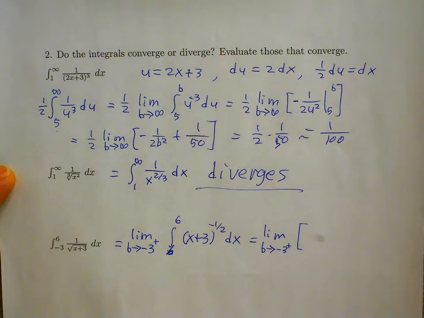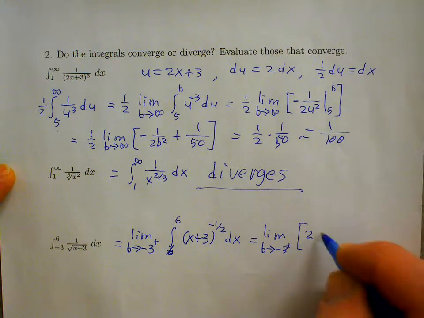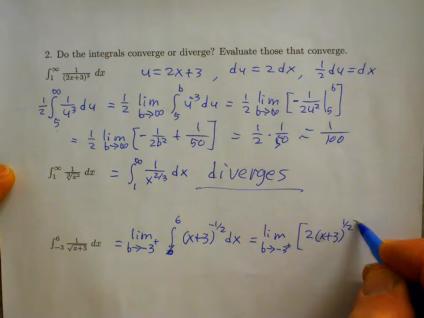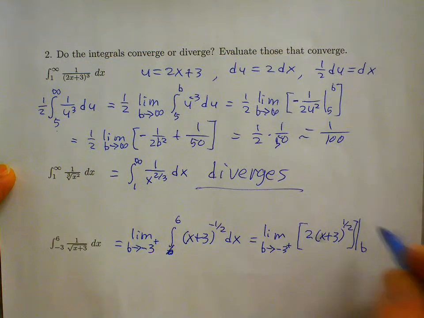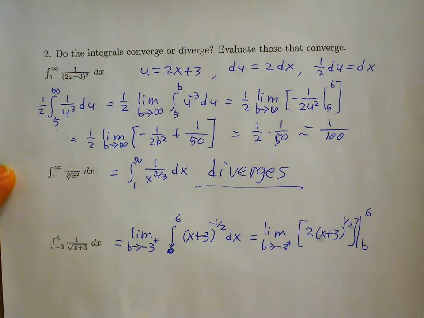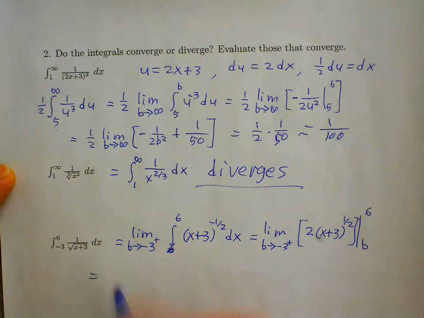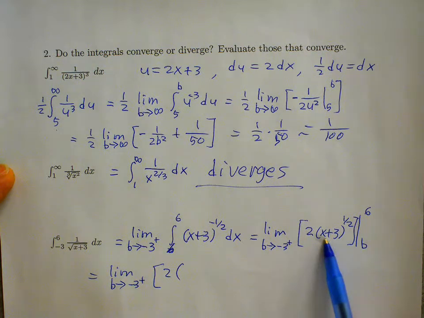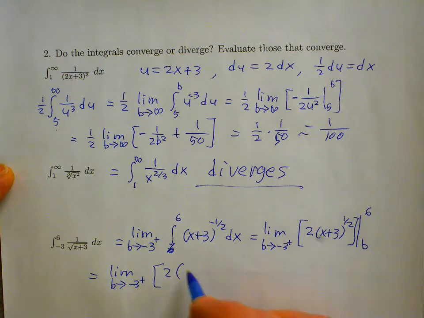Okay, an antiderivative of x plus 3 to the negative 1/2 is x plus 3 to the 1/2 divided by 1/2, or 2 times x plus 3 to the 1/2. And we evaluate that from b to 6. So a couple more steps. So we have 2 times, and then when x is 6, 6 plus 3 is 9. 9 to the 1/2 is 3.